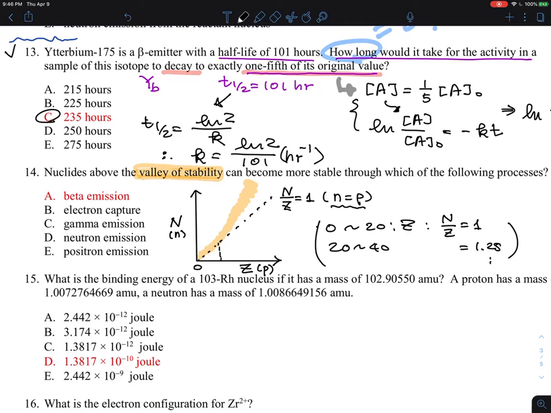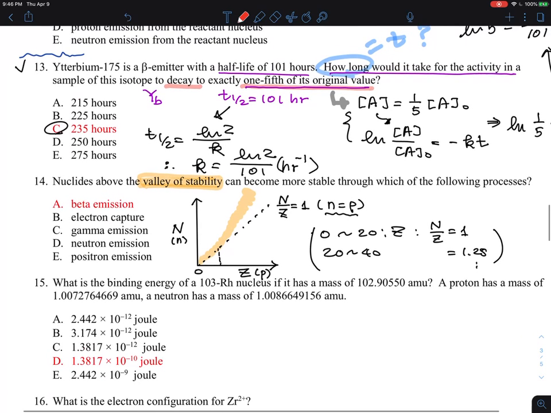But here I'm going to put in red colors and put an emphasis, and let's read this problem carefully. Nuclide above the valley of stability. What that means is there are nuclides located right here. You see the red dots? Those are above the valley of stability.